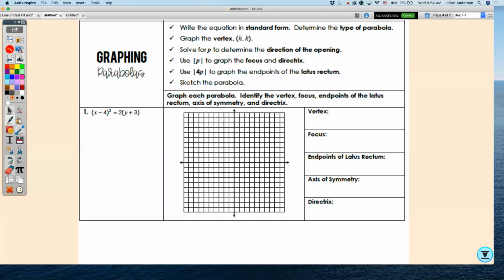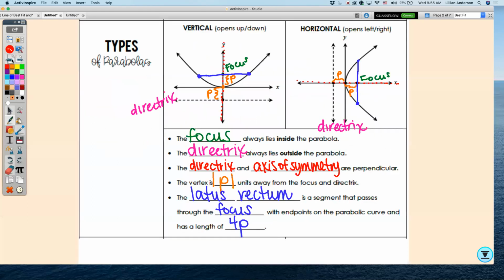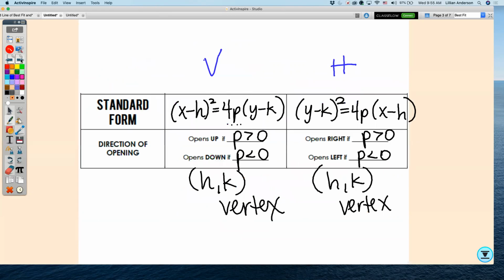Solve for P to determine the direction it is opening, but also determine where the focus is located as well as the directrix. Because remember, P is the distance from the vertex to the focus and from the vertex to the directrix. So once you figure out P, you'll figure out where each of these items is going to be located.